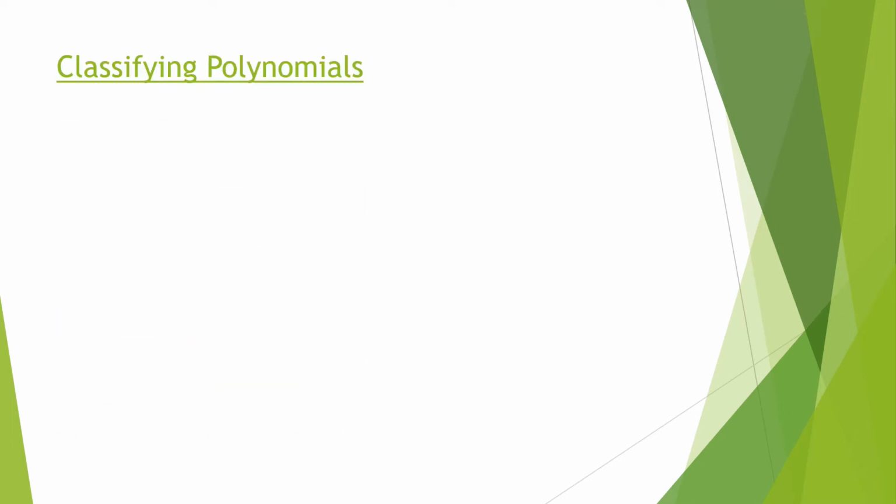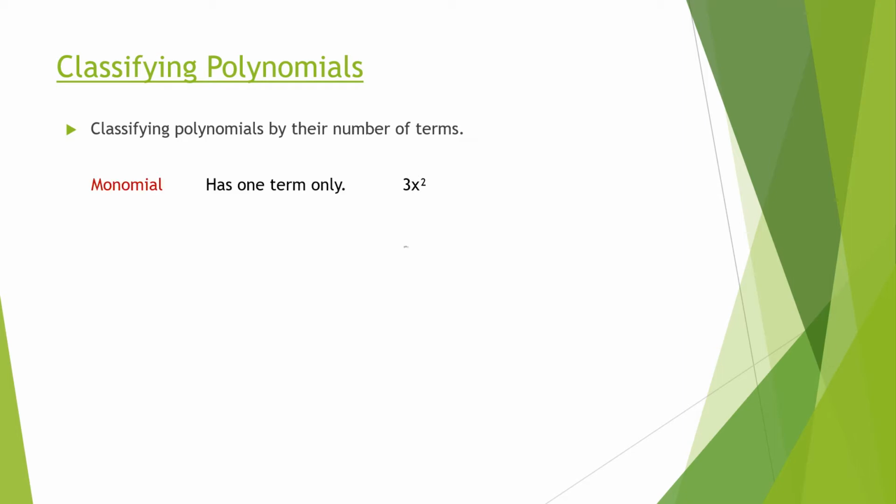Classifying polynomials. Polynomial is my umbrella that I have the others under. 3x squared is only one term, so we call it a monomial. 3x power 2, only one term, so I call it a monomial. 3x plus 4y, here my separation is the plus, so I have two terms, 1 and 2, so it's a binomial.